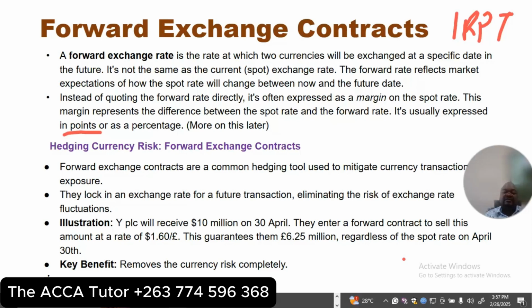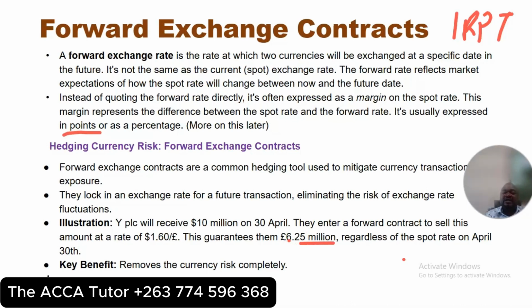So they have decided to enter into a contract to sell the similar amount, because they are going to receive this amount sometime on 3rd April, but they've then decided to enter into a forward contract to sell the amount at the rate of $60 per pound. This guarantees them about 6.25 million, and I'm sure you know how to obtain this.